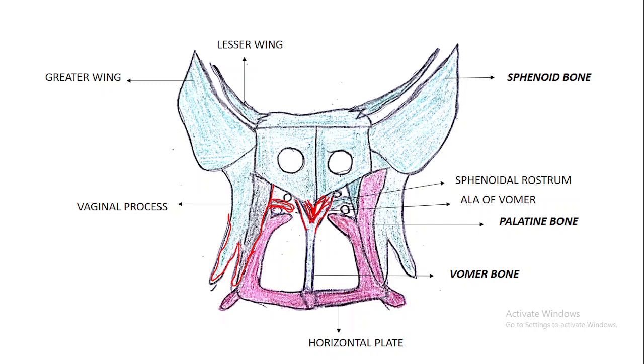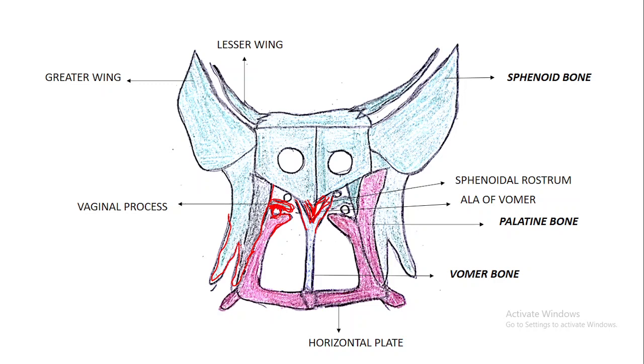This vaginal process has a groove-like structure on its inferior surface. And with the sphenoidal process of palatine bone, there is formation of a canal called the palatovaginal canal. In between the sphenoidal process of palatine bone and the vaginal process of sphenoidal bone, there is a canal called the palatovaginal canal.